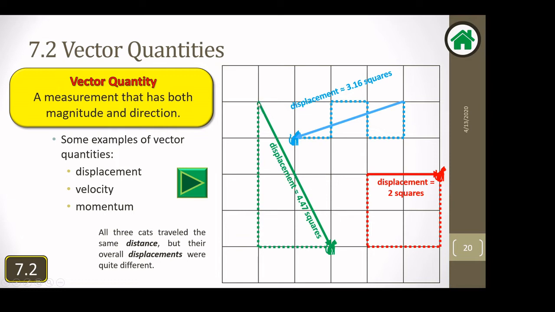So all cats still traveled a distance of 6 squares total, but this cat winds up 4.47 squares away from his starting point, and not straight down or straight to the right, but kind of in between. This cat winds up only 2 squares away from where he started. This cat winds up about 3.16 squares to the left and a little bit down. So we say that these are the cats' displacements, okay? Because it matters not only how far the cats traveled, but also in which direction the cat wound up versus where it started.